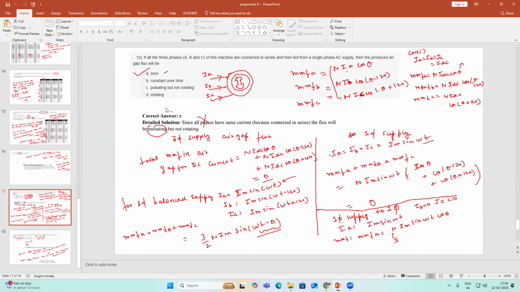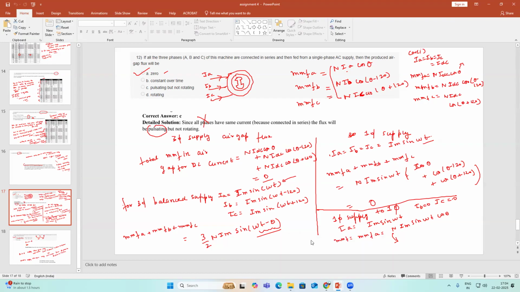So what will happen if you talk about only a single phase supply given to a single phase winding? Then for only one winding it is pulsating but not rotating. But if you take all the three phases together, in general it becomes sinusoidal and rotating.